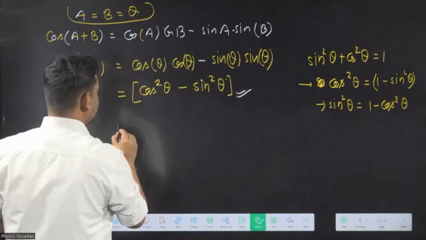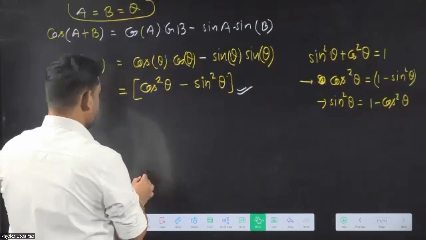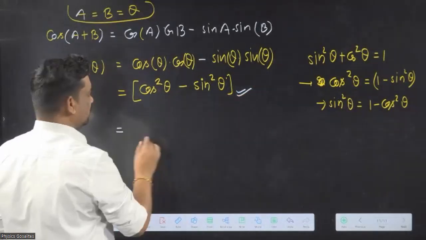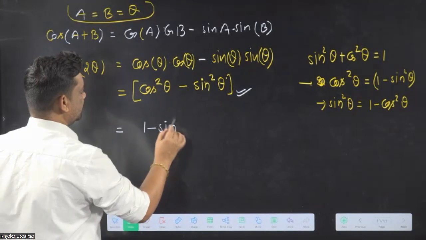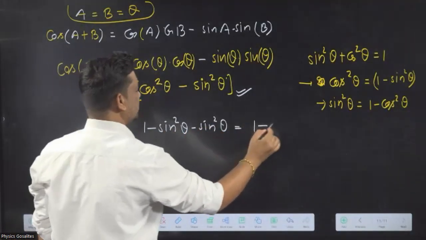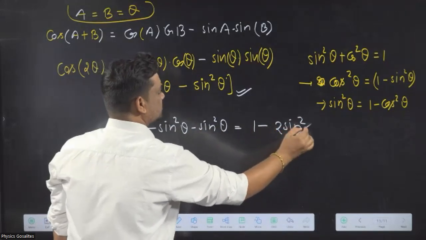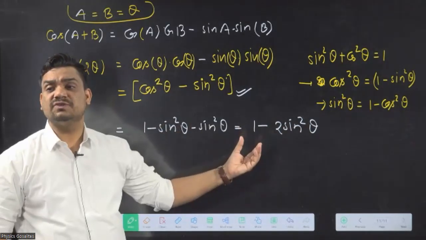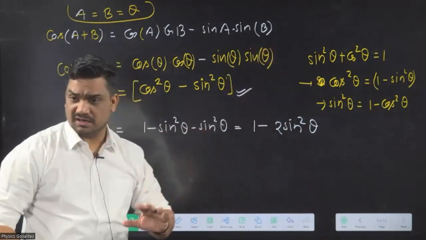Listen, I can write cos square here using the formula 1 minus sin square theta, minus sin square theta. So this finally becomes 1 minus 2 sin square theta, because 1 minus sin square theta minus sin square theta is minus 2 sin square theta. Clear?